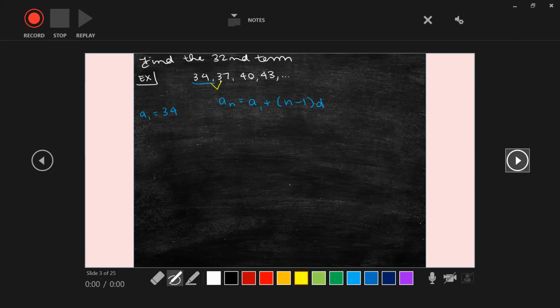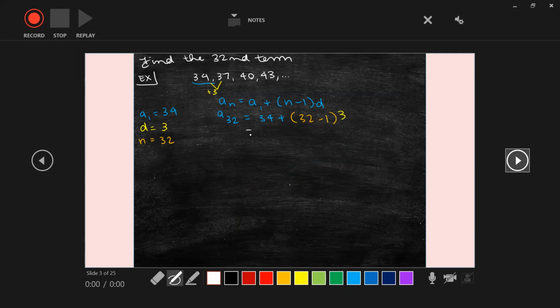What is d? d is the difference between terms, so it looks like we're adding 3. So d is going to be a positive 3. And what is n? What is our question asking for? Well, it's asking for the 32nd term. So I'm going to be looking for a sub 32 being equal to 34 plus, I've got 32, which is n, minus 1, all times d, which is 3.